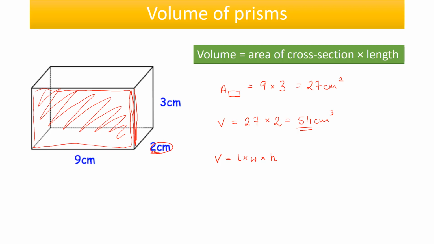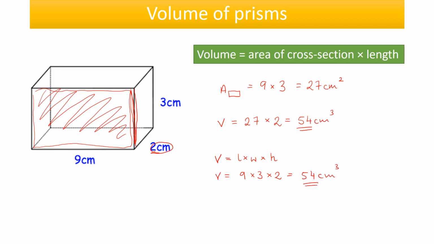So we simply multiply the three dimensions, so for example 9 times 3 times 2, that is still 54 centimeters cubed.